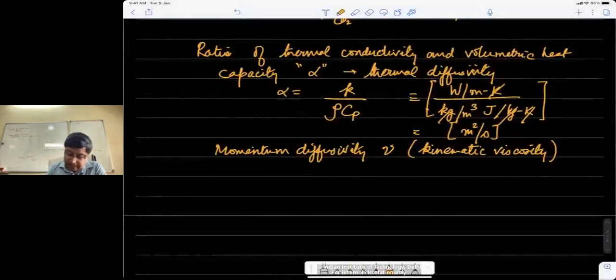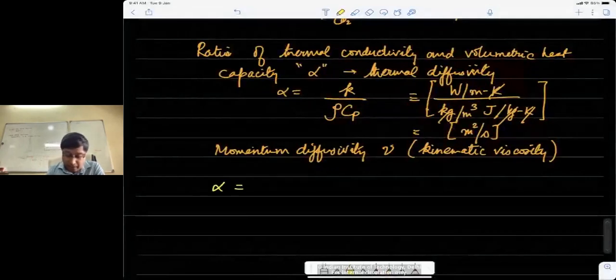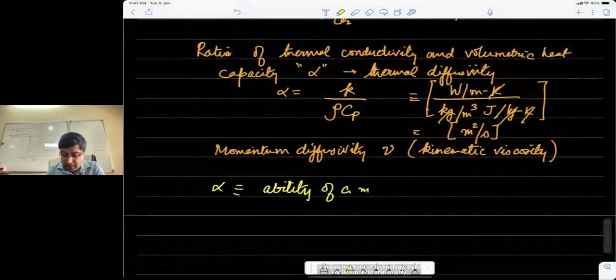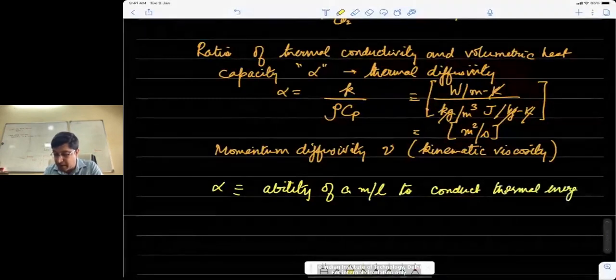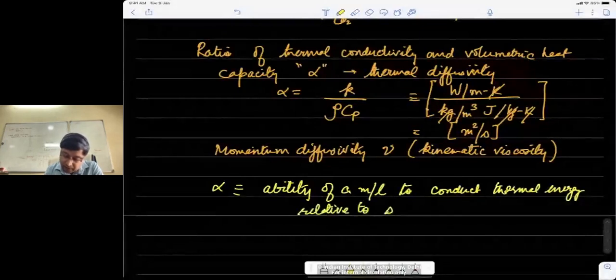So alpha basically denotes, in a rough sense, the ability of a material to conduct thermal energy, because remember it's K by rho Cp, relative to storing thermal energy.